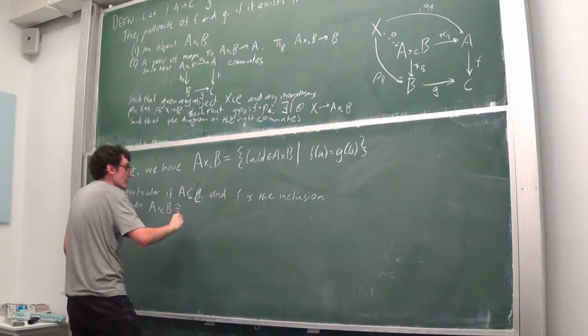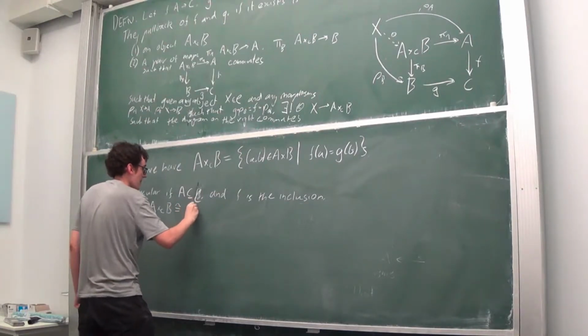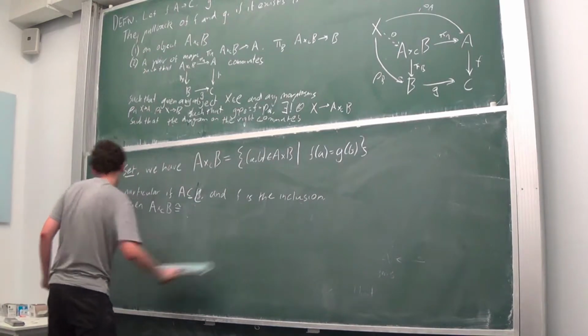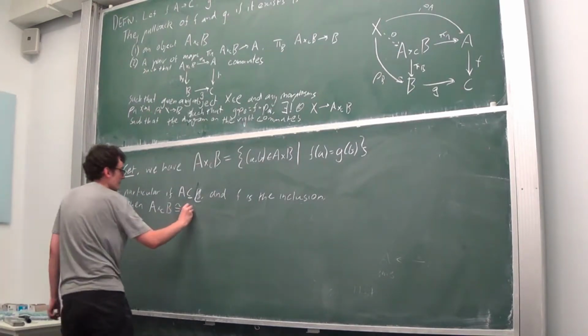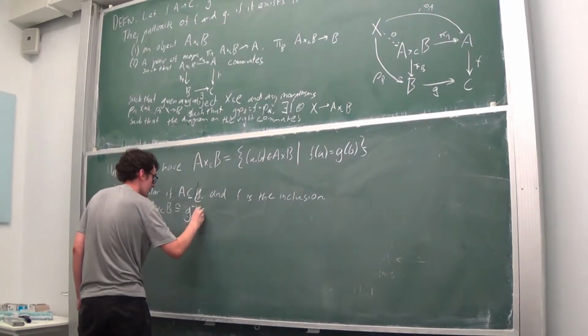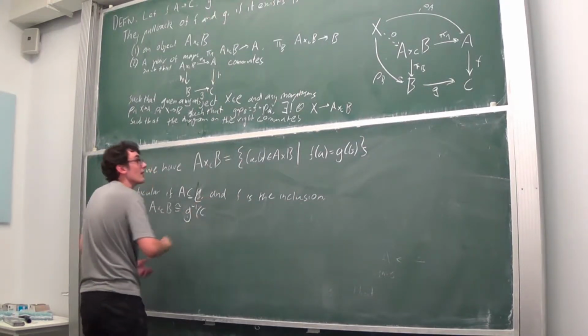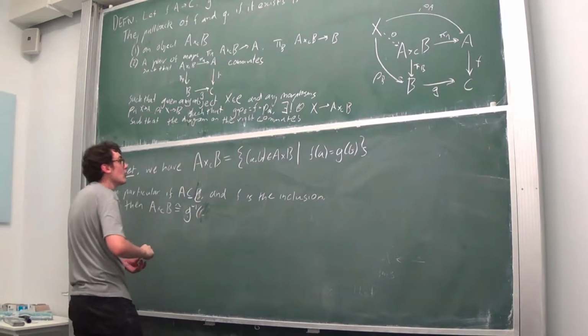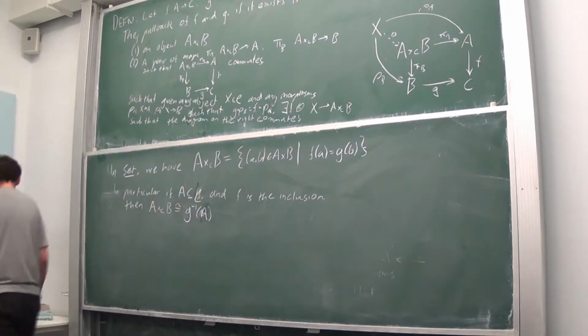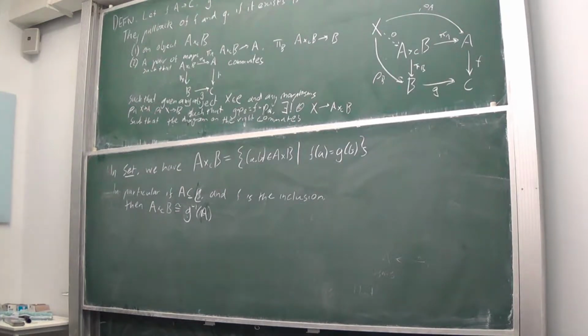So it will be the preimage under G. That's not right, not the preimage of C, the preimage of A. Cool. Any questions about that?